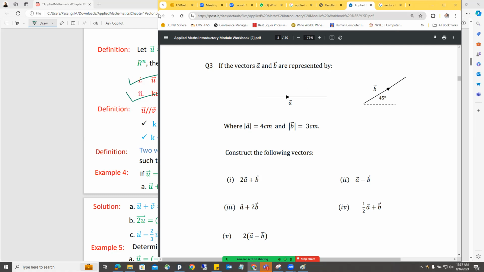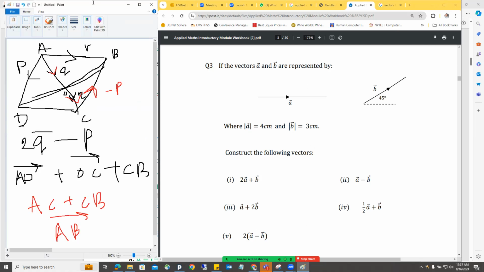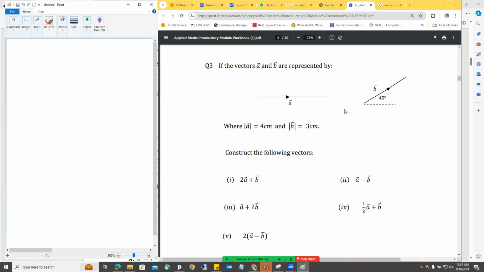No? So here what they have asked you to do is, they have given vector A and vector B. Vector A will be a horizontal vector and its length would be 4 centimeters. And for vector B, it will be at 45 degrees, and the magnitude of this vector they have given as 3 centimeters.